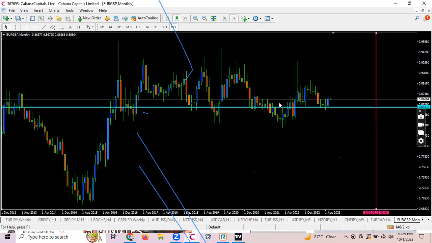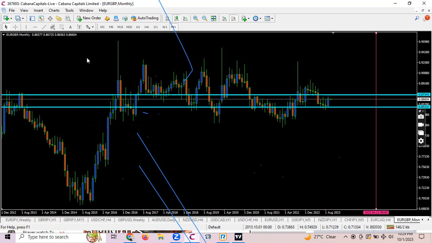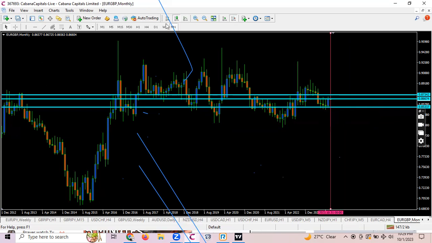We should look out for a sell because I think price just pulled back into a fair value gap on the monthly time frame. You can see this is a bearish setup. This gap has been filled. So it's time to sell. It's a bearish setup for me.